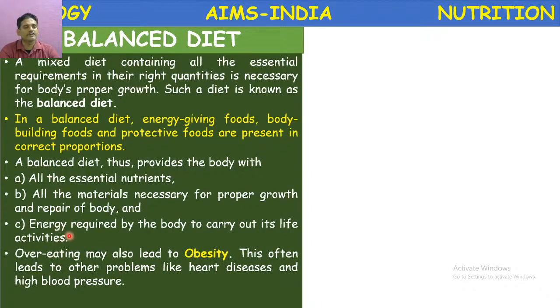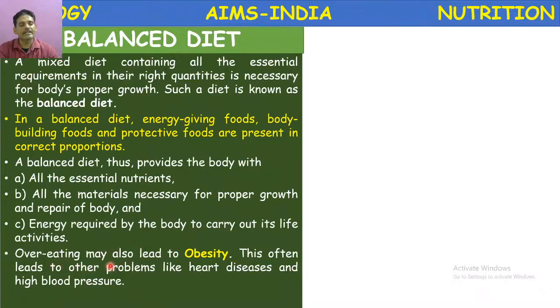So, three main functions of a balanced diet once again. It fulfills all the essential nutrients. Number two, all materials necessary for proper growth and repair of the body, and energy required by the body to carry out its life activities. These are the main functions of a balanced diet. And too much is too bad.